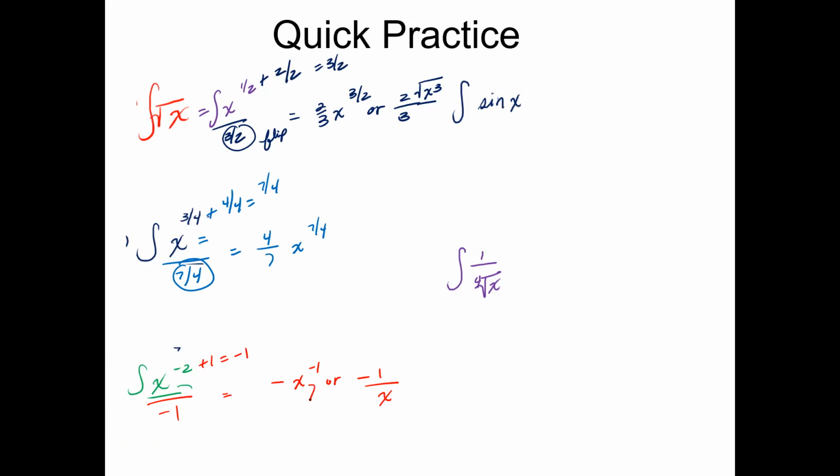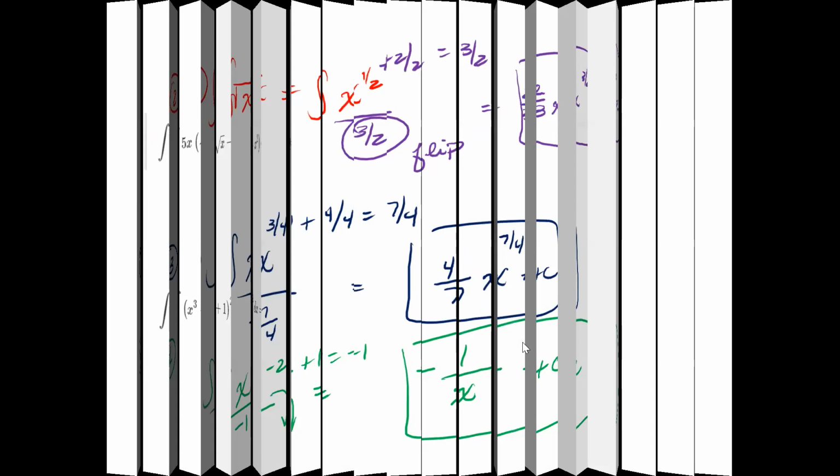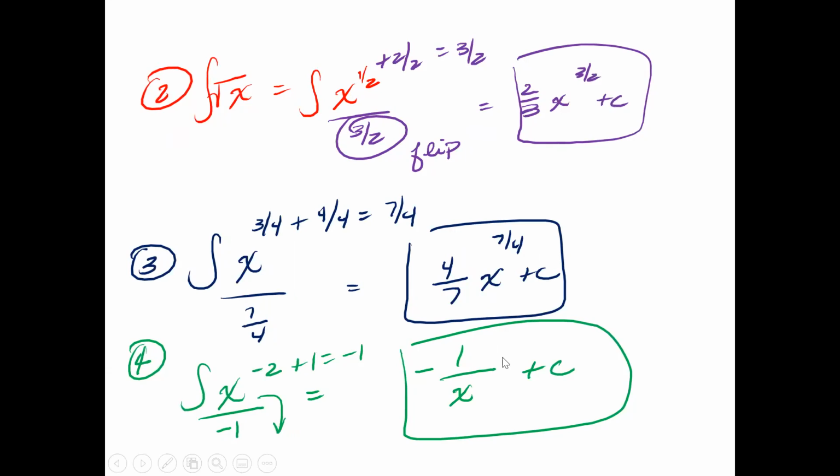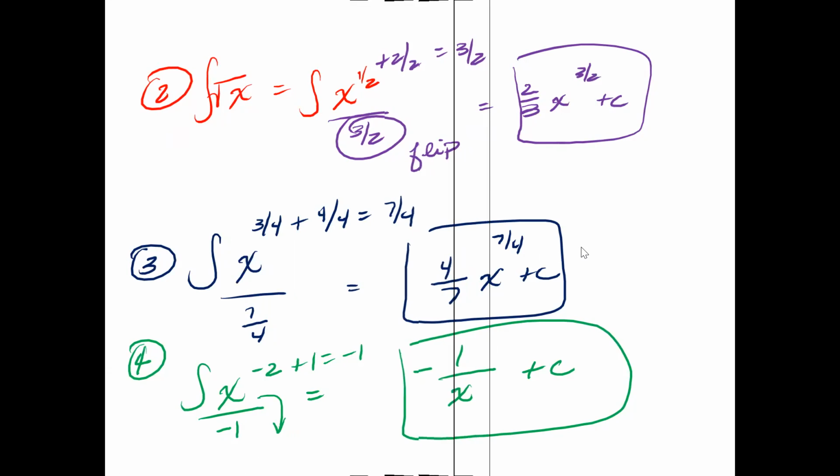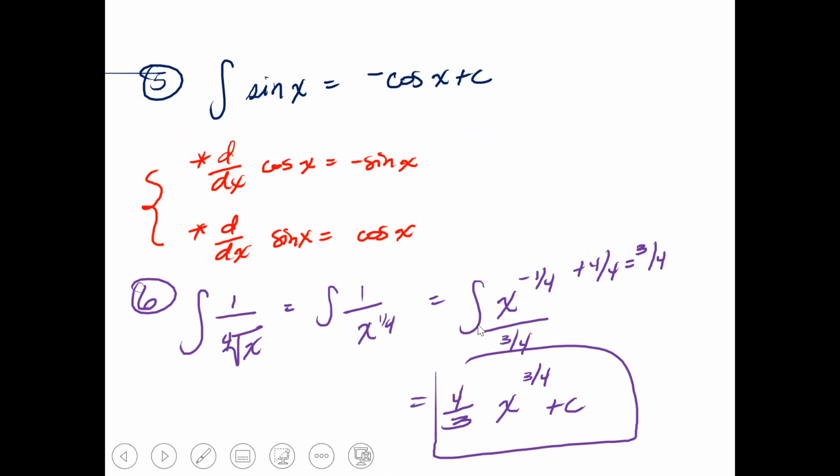And it's a positive x on the bottom because you're bringing it down. All right, if you have the integration of sine, remember yesterday I showed you the integration rules for trig functions on week 1 Tuesday. Remember the derivative of cosine x is negative sine x, and the derivative of sine x is cosine x.